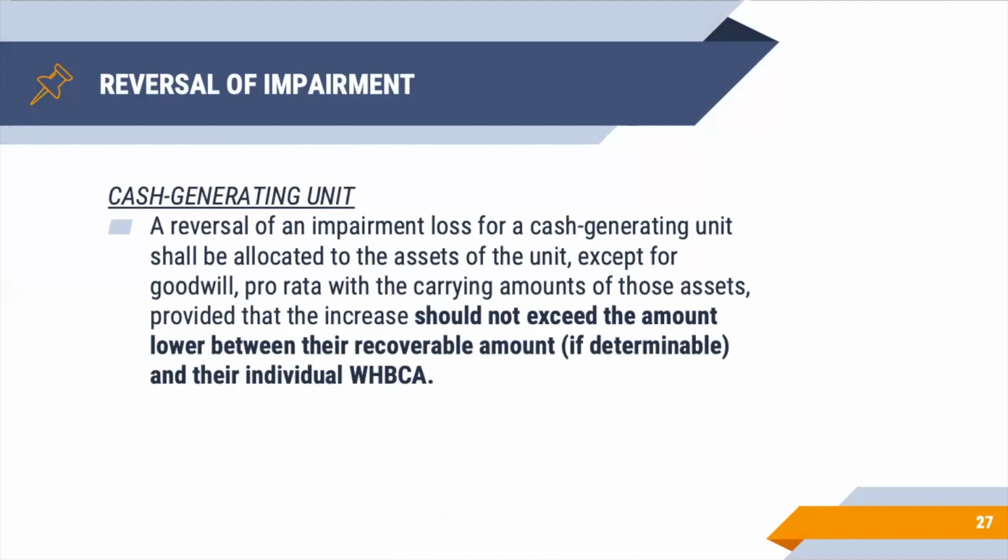Pro rata with the carrying amounts of those assets, provided that the increase should not exceed the amount lower between their recoverable amount, if determinable, and their individual would have been carrying amount. So again, hindi siya pwedeng mag-exceed dun sa either recoverable amount niya individual and sa individual would have been carrying amount. The computation is the same as nung ginawa natin kanina.